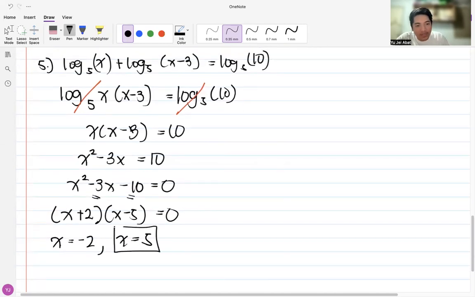Therefore, our answer here is 5, and this x equals negative 2 is discarded, because again, a logarithm function cannot have a negative inside the logarithmic function, because it would result to a math error. So I hope that's clear.